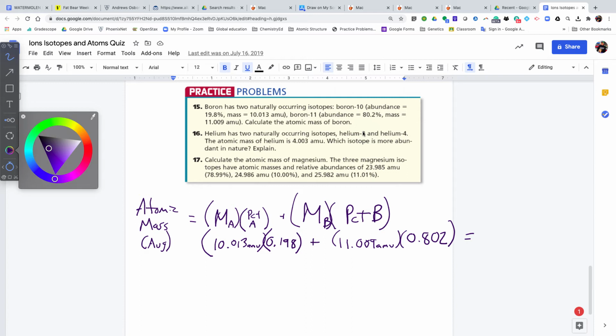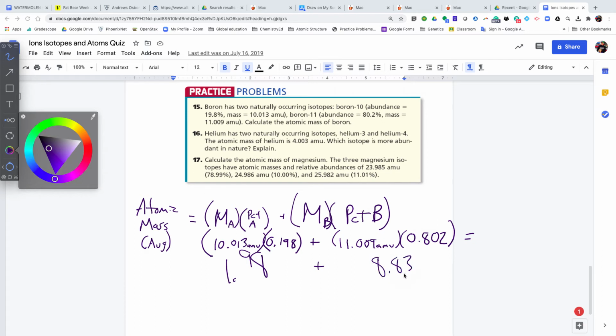If we put this in our calculator, I'm going to be lazy and use my phone as a calculator. 10.013 times 0.198 we get 1.98, plus 11.009 times 0.802 is 8.83.